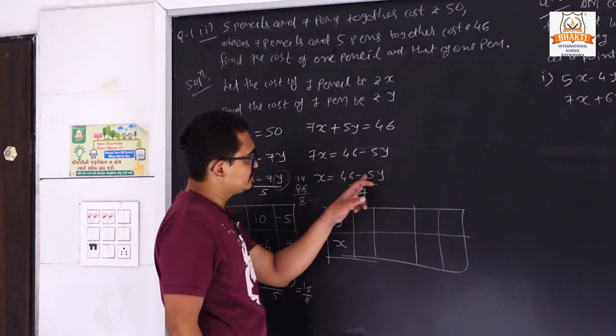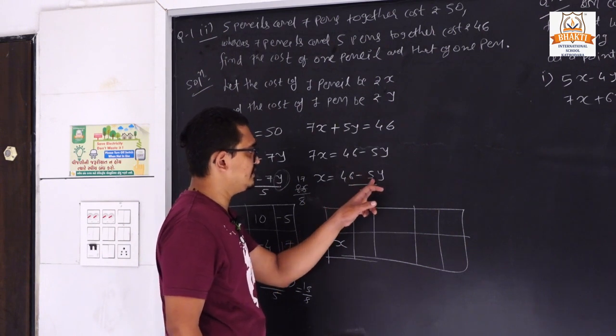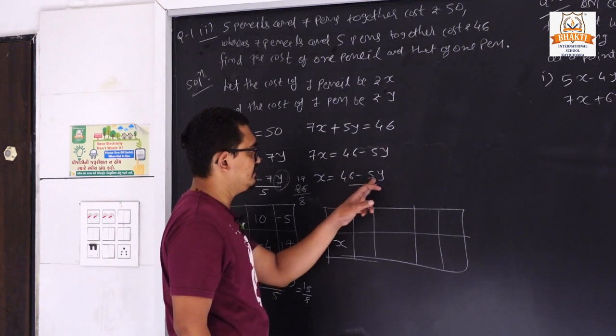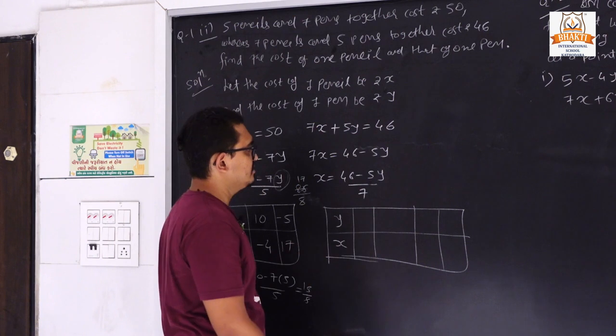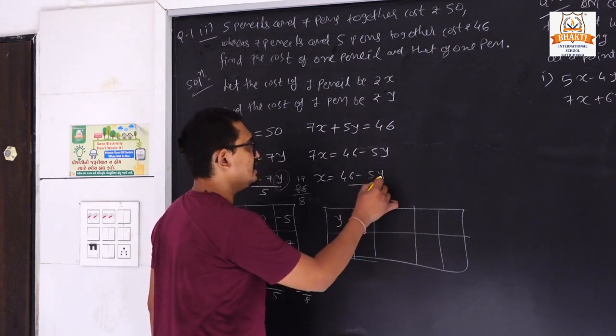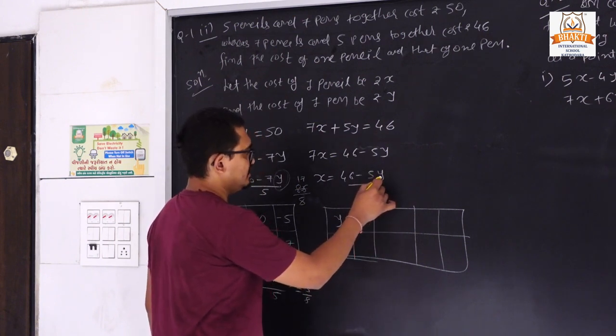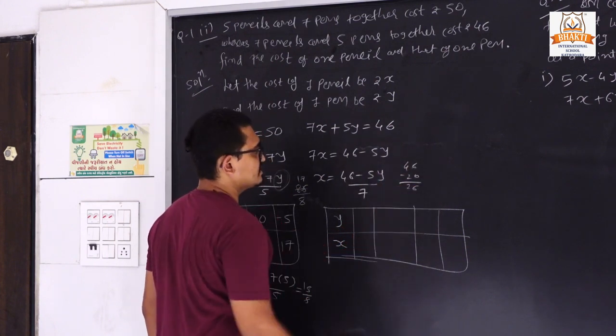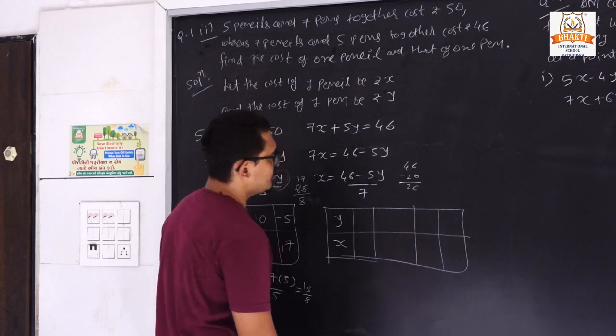5 ones are 5, so 46 minus 5. 5 3s are 15, 4s are 20, so 46 minus 20 is 26, so it is not possible.